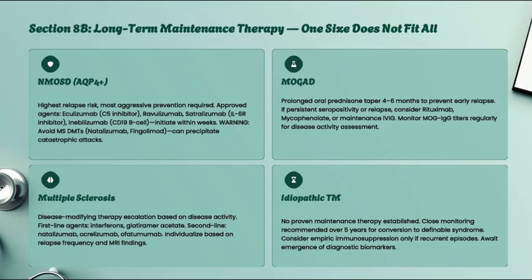In idiopathic inflammatory myelitis, no universally established maintenance therapy exists. These patients require close longitudinal monitoring because some will later declare an underlying definable syndrome. The major principle is straightforward. Treatment follows diagnosis, not the other way around.